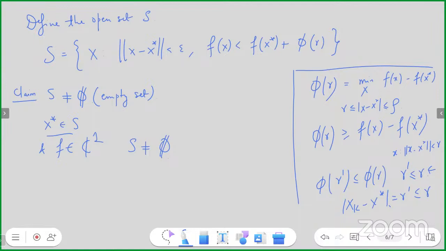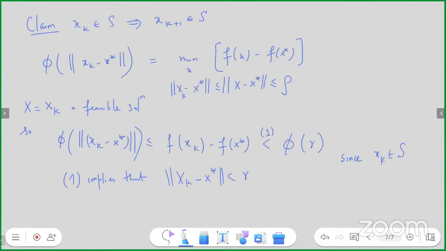What have I shown so far? I've shown this: f of xk minus f of x star is less than phi of r. Why does this imply this? And xk belongs to S, that much we know.